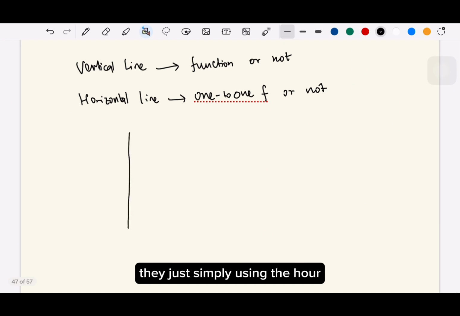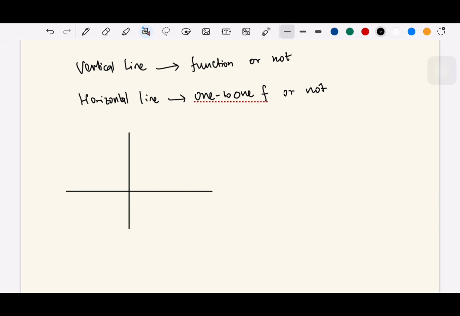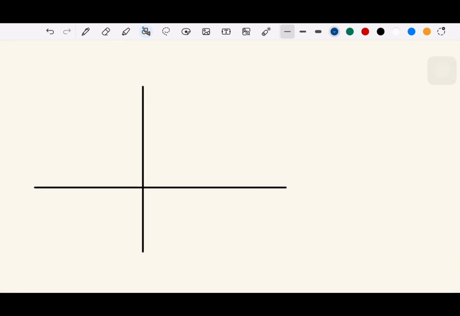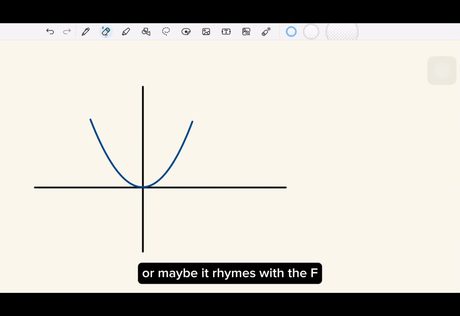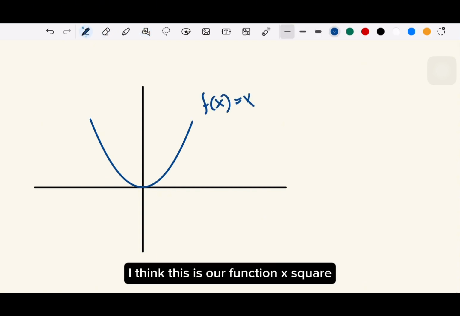let's just use a simple function. Let's say we have this function, y equals x squared, or maybe we write it with f: our function x squared.